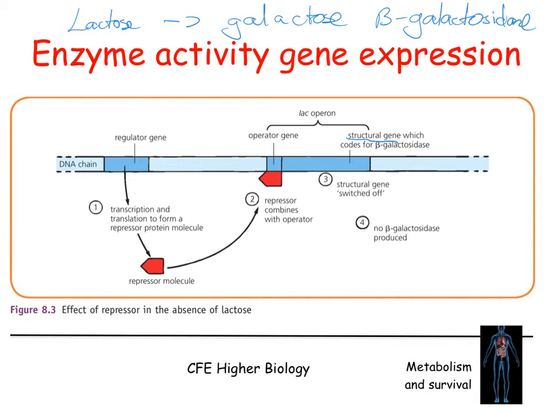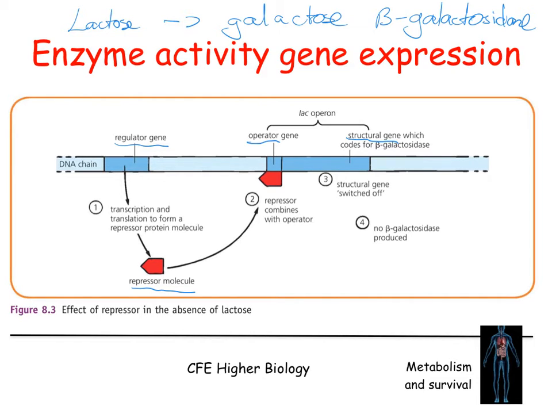And you've got a neighbouring operator gene which controls this structural gene. And the operator in turn is affected by a repressor molecule. So here's our repressor molecule here. And that repressor molecule is coded for by a regulator gene. So this is the operon, and in this situation here we're looking at the lac operon.